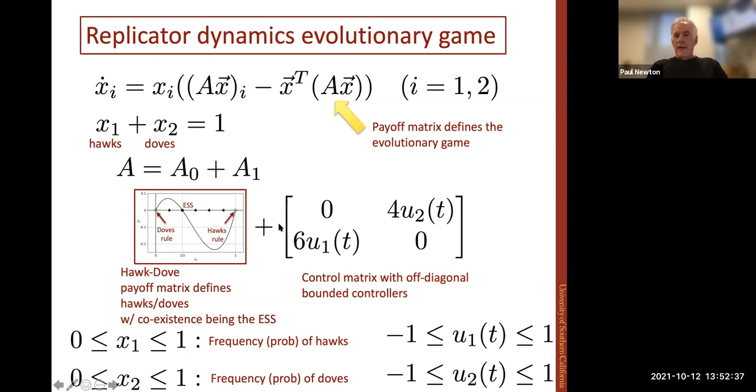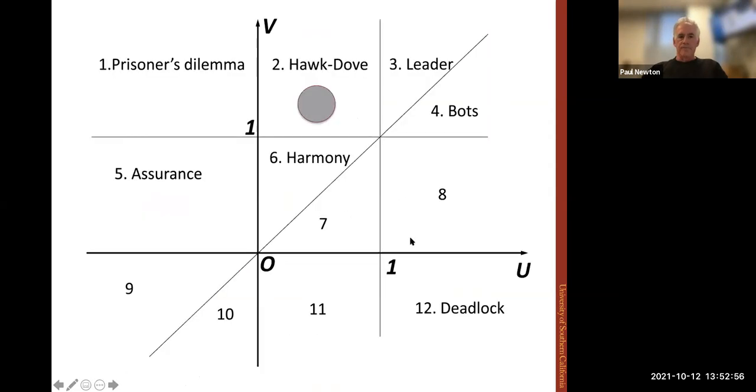And so what we ask in this problem is, can we design controllers in order for us to, for example, minimize aggression or maximize aggression, like push this fixed point to the left or to the right over a finite amount of time with some optimal controllers.